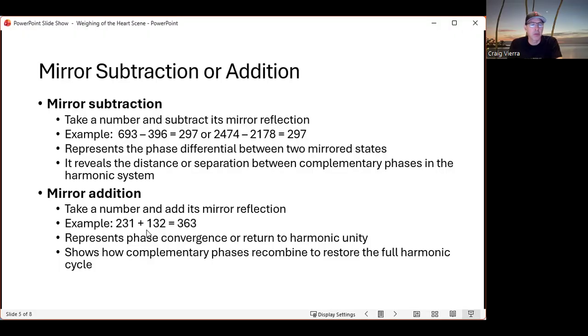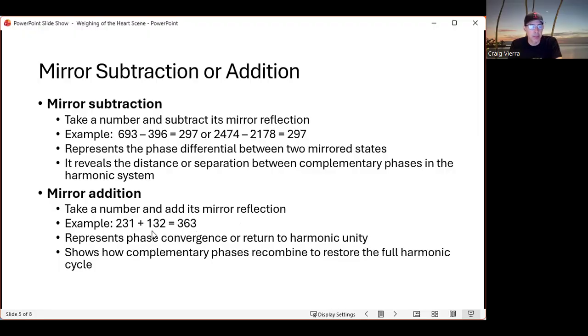Okay, so then I'll introduce mirror addition. This is where you basically have a number and you add its mirror reflection. So, for example, 231 plus 132, this is its mirror, you get 363. So this is showing you when you add, you're getting phase convergence or a return to harmonic unity.